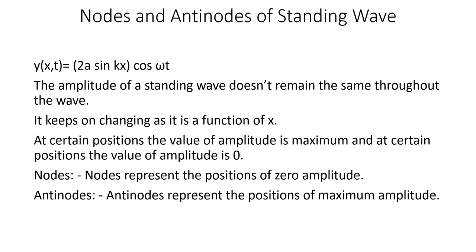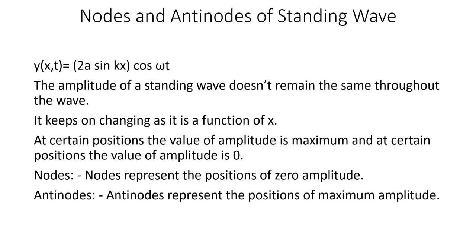So nodes represent the positions of zero amplitude. Where the amplitude is zero, those positions are known as nodes. N-O-D-E-S, not N-O-T-E-S. Nodes are the positions in a standing wave where the amplitude is zero. And now you may know what is meant by antinodes: antinodes correspond to maximum amplitude.